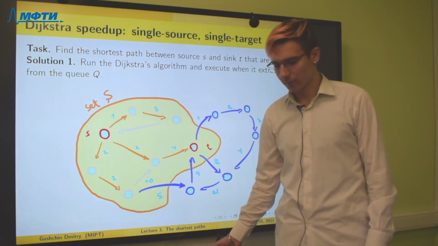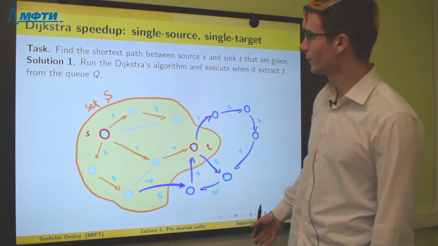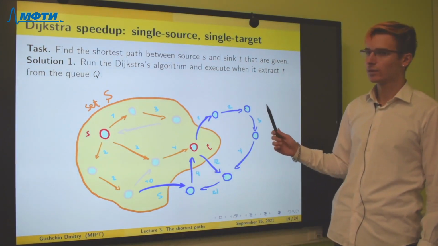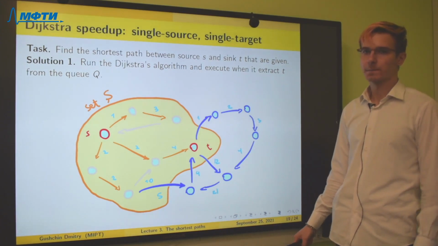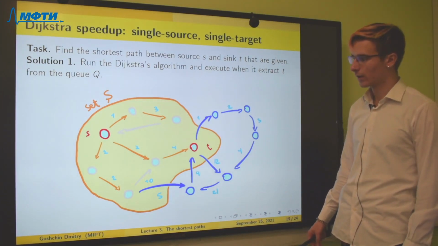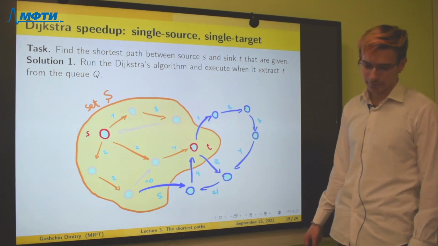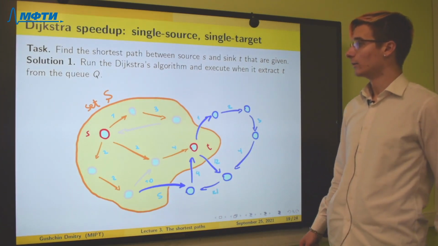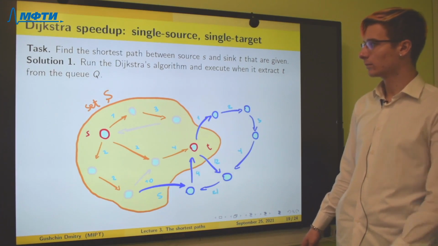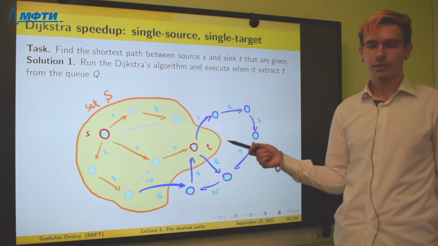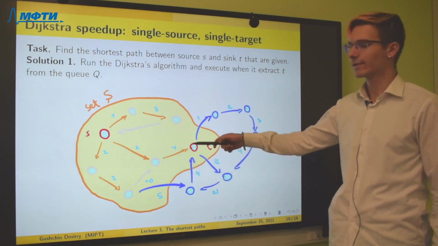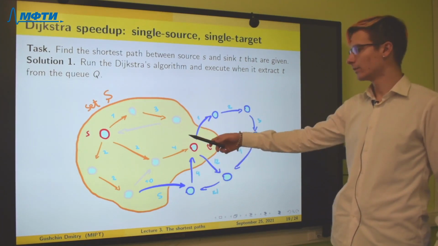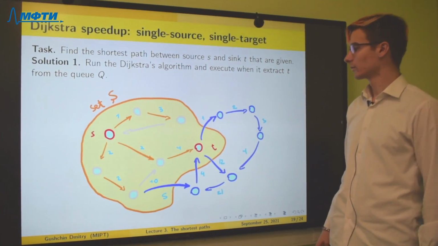So another problem that we want to solve is to find the shortest path between two vertices, source and sink, in the graph. How can we solve this task? For example, we can start Dijkstra's algorithm, and when we add t to the set S, we say, okay, we found the shortest path between it and S, so we solved our task.